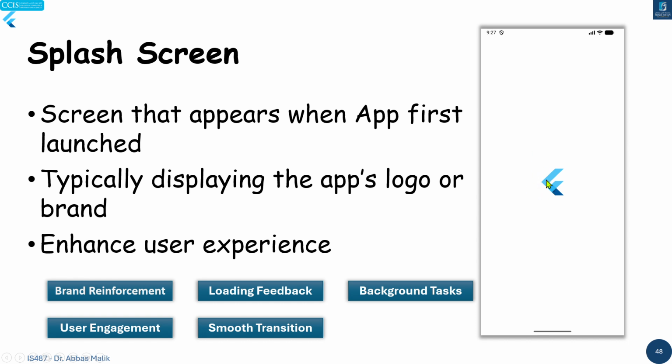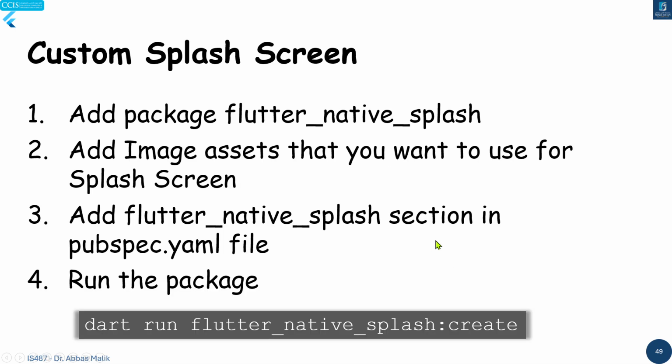So we can show that splash screen, and then once our loading and initialization of the application is finished, we can show the application to the user, rather than showing the application while it is still not ready, and the user is trying to interact with it and it is not responding. So that is a smooth transition, and we can perform background tasks during that splash screen.